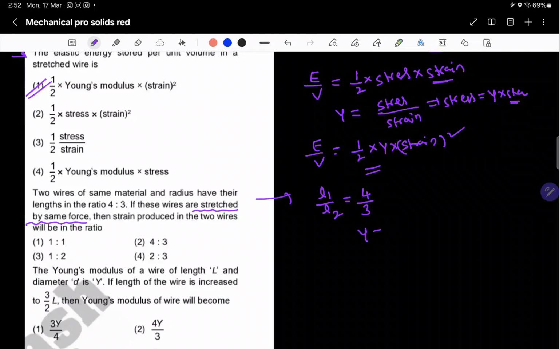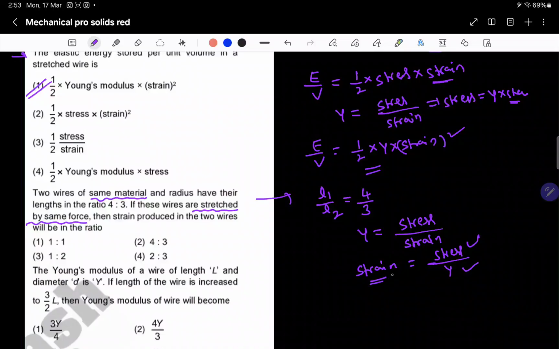Young's modulus Y equal to stress by strain. So strain produced, asked here, strain equal to stress by Y. Stretched by the same force is given, that means stress is the same. And made up of the same material is given, which means Young's modulus is also the same.